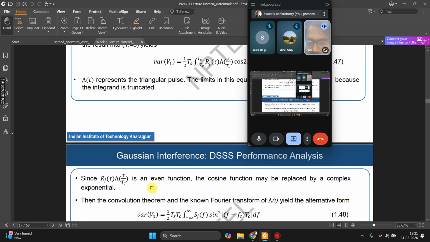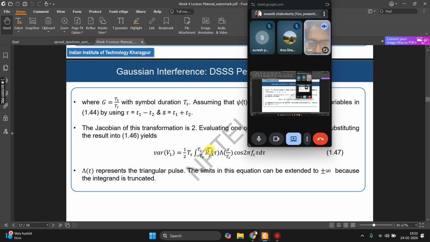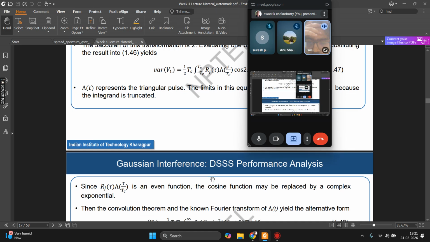Now you have an autocorrelation function, an autocorrelation of the Gaussian and the triangular function. The product of them is an even function. Why? Because the triangular function is also an even function, and the autocorrelation of a Gaussian is also even, so it is an even function.